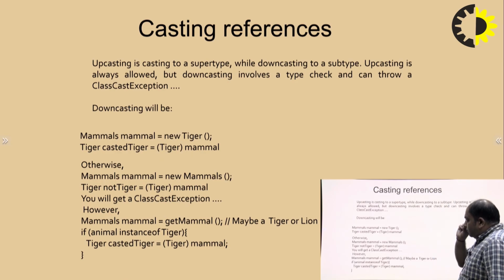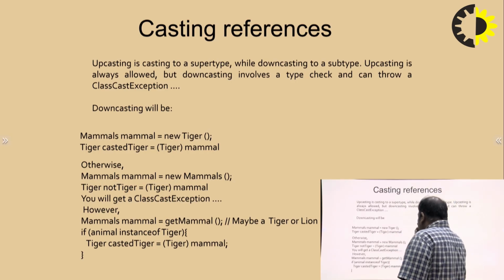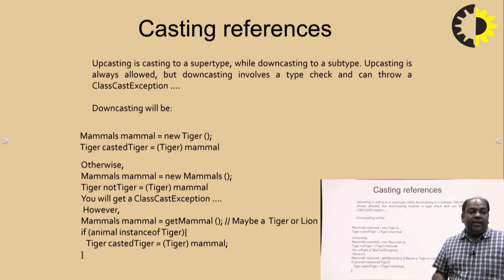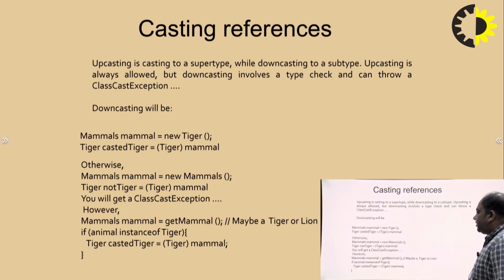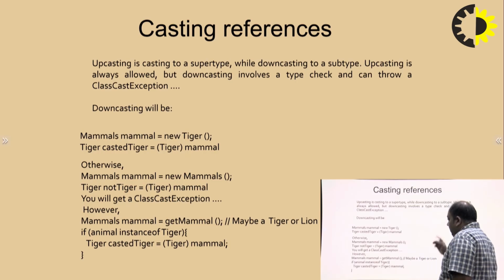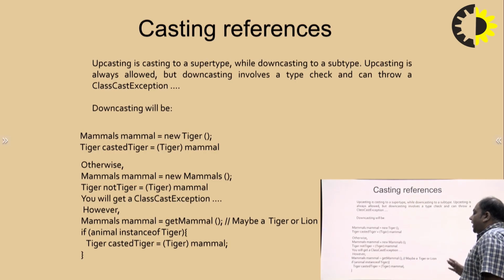So what we do in downcasting, we define a mammal tiger, we cast that. Otherwise, we define a mammal as a new Mammal, and Mammal is a class of very wide variety. There are many animals which come under mammals. So we define all the mammals into the mammal object, whether it is a tiger or a lion.